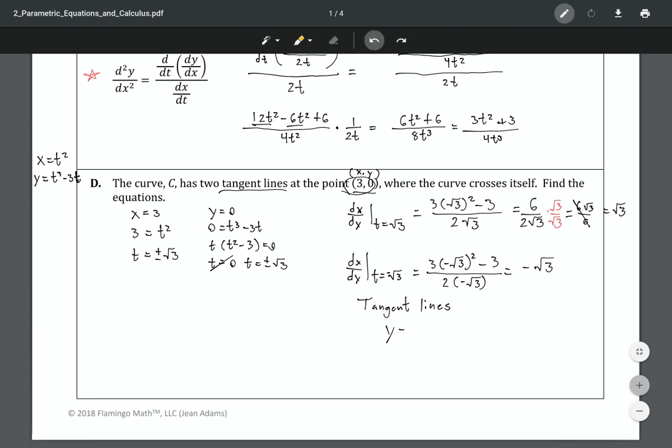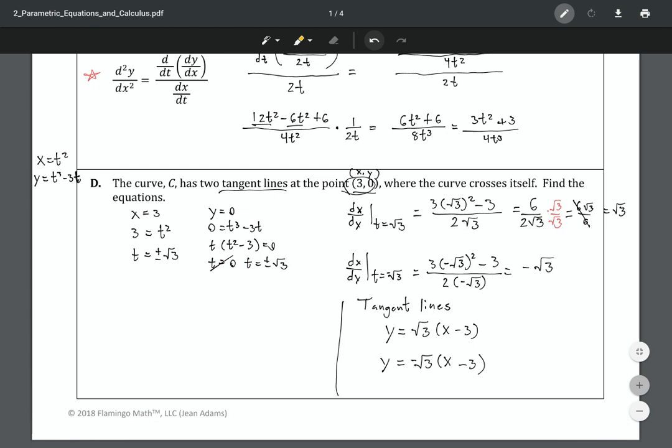I'm just going to write y is equal to the slope at that point, which is the square root of 3, times x minus 3 here. And the other one is y minus 0 again, but the slope is going to be negative square root of 3, and then we have x minus 3 again. So those are my solutions.